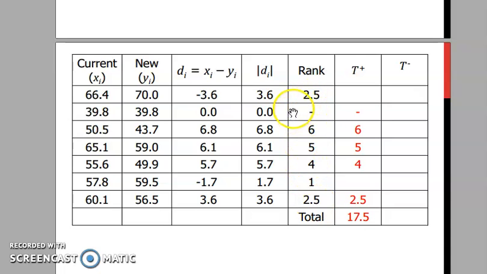Since we already used rank 2 and rank 3, the next is going to be the fourth rank. So 5.7 is the fourth rank, then the fifth, the sixth. Even though we have 7 observations, we just have 6 ranks because the second observation is omitted from the calculation because the difference is 0.